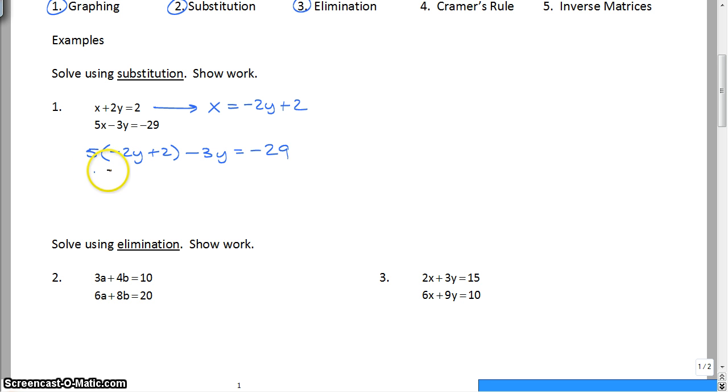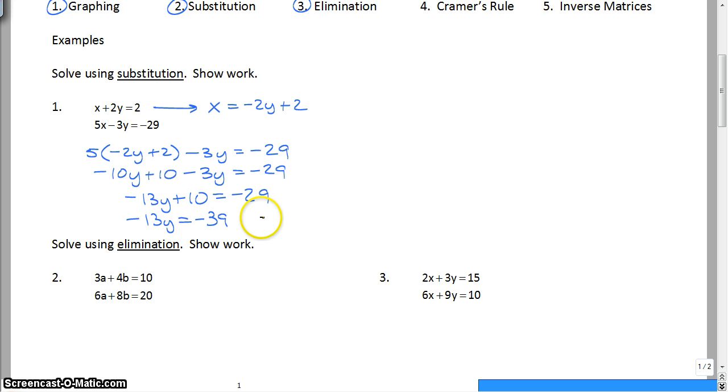We're going to distribute and get negative 10y plus 10 minus 3y equals negative 29. That'll give us negative 13y plus 10 equals negative 29. And then we're going to subtract 10 from both sides and get negative 13y equals negative 39, which means y is equal to 3.